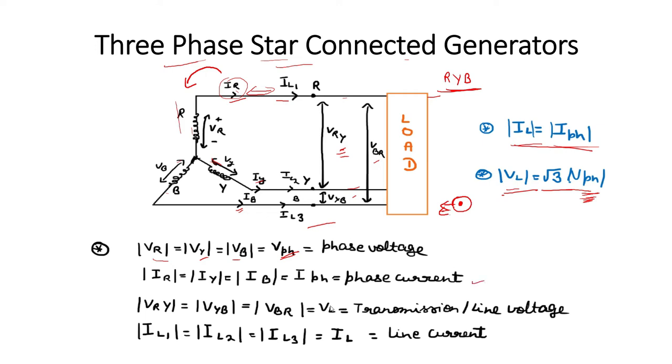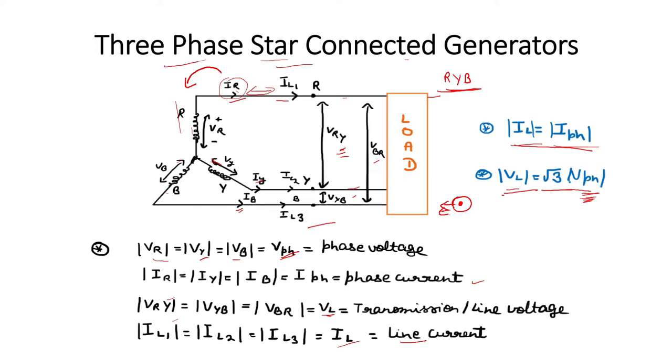Then we will denote the transmission line voltage by VL, which is equal to the magnitude of VRY or VYB or VBR. And IL is the magnitude of line current, IL1 or IL2 or IL3.